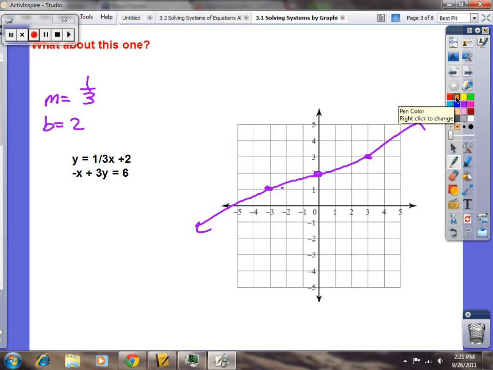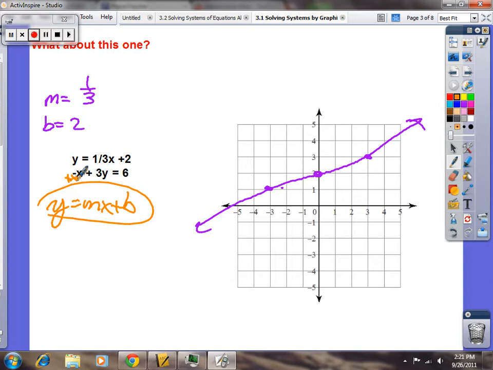Logan. What's the M and B of this one? We've got to find it. You cannot find it unless it is in y equals mx plus b. This is the beauty of mathematics. That is not how we want it, but you are strong enough that you can manipulate it into how you want it. So let's manipulate it. How are we going to get y by itself?